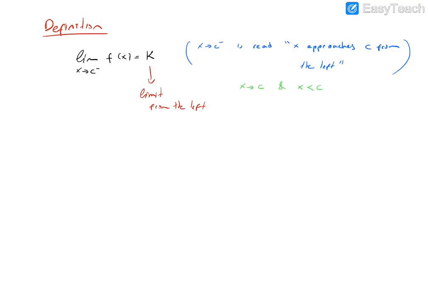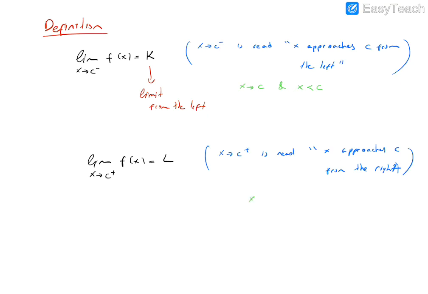And similarly, limit as x goes to c from the right hand side, we denote this way, f of x equals L. Similarly, that means x goes to c from the positive side and is read x approaches c from the right.